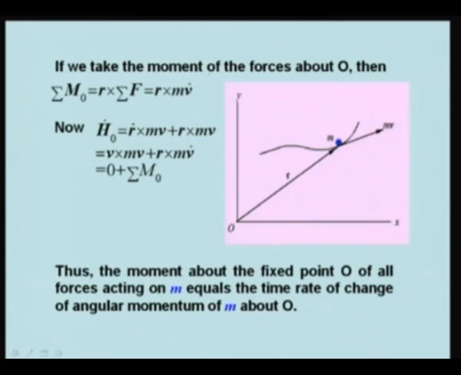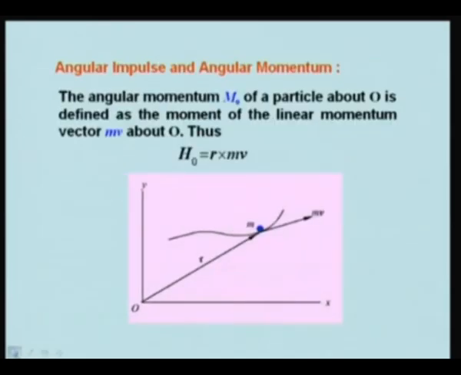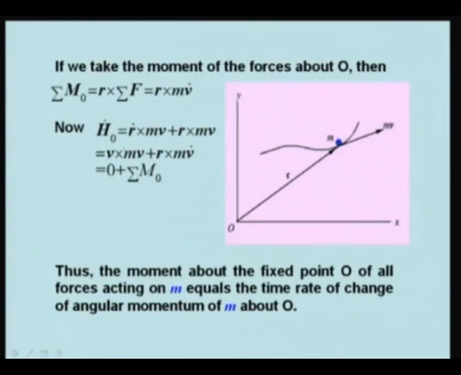Now, since H0 is defined as R cross mv, we can take the time derivative of H0, and this is H dot 0 is equal to R dot cross mv plus R cross m v dot. R dot is nothing but v, velocity. So, v cross mv plus R cross m v dot.